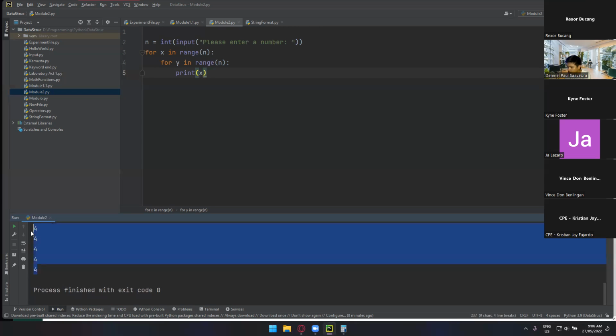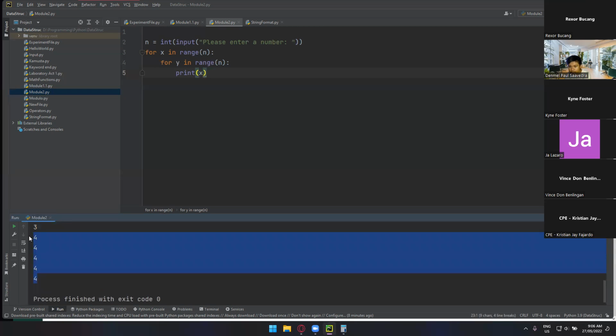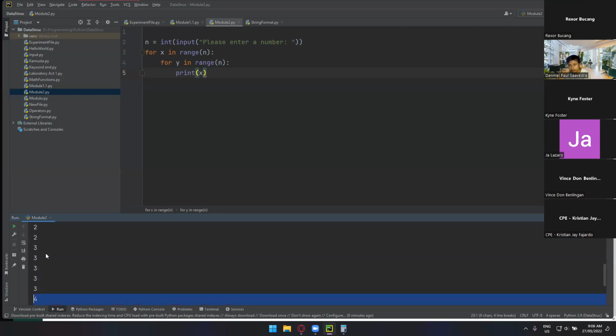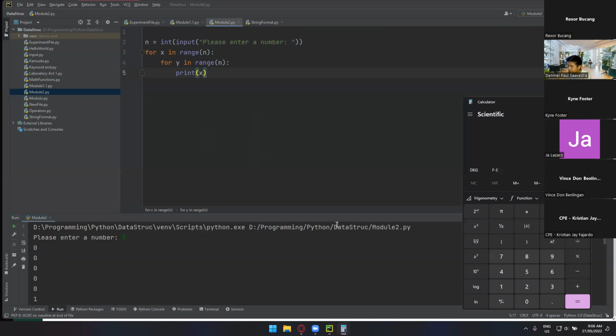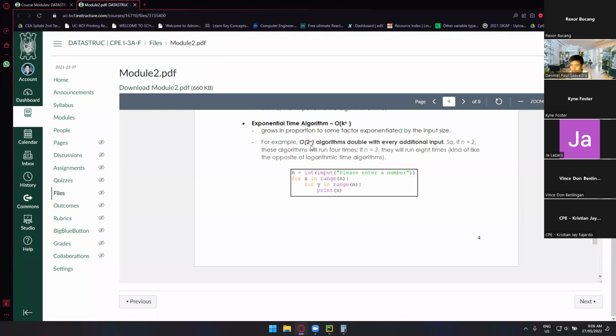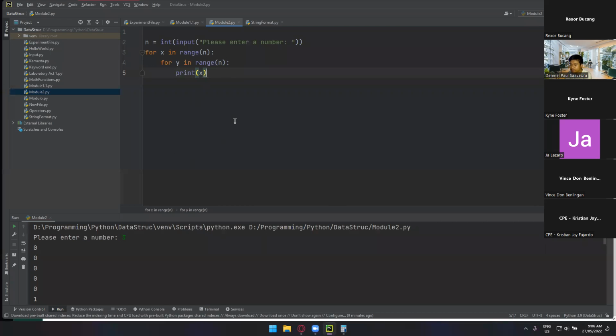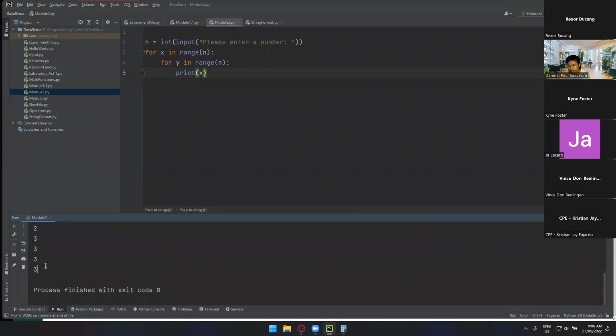Pero bakit hanggang 24 lang ba? 5, 10, 15, 20, 25. Is this correct? 2 raised to n. Depending on your input, our input is n. But if it's 4, this is correct. It's 16: 4 threes, 4 twos, 4 ones, and then 4 zeros.